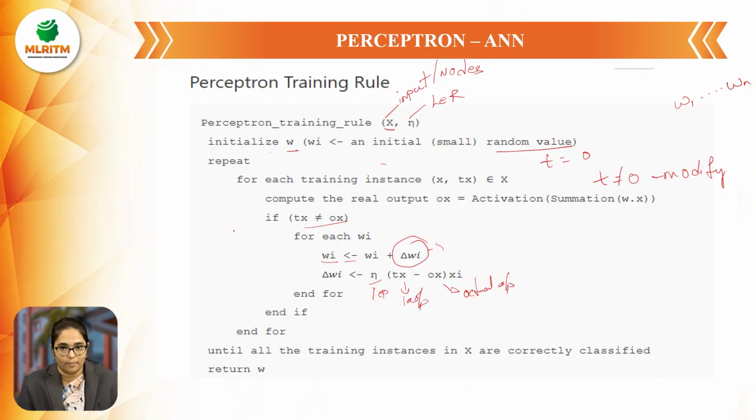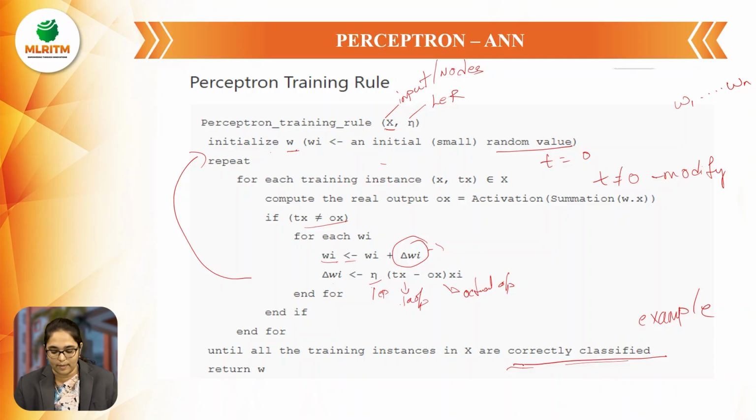That is, you perform the summation function again and keep repeating it until all the examples are correctly classified. It means the targeted output should be equal to the actual output.